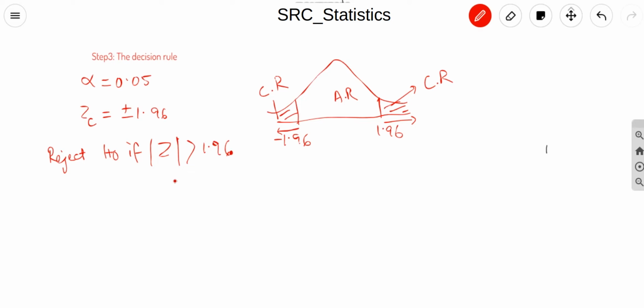Why do we write modulus Z? We can write it as: if Z less than negative 1.96 or Z greater than positive 1.96. In one formula we can directly write it as modulus of Z greater than 1.96.